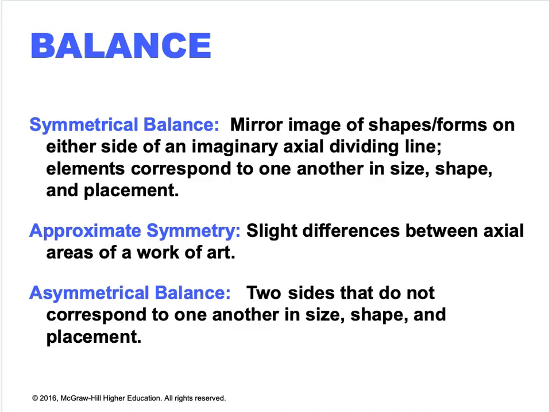The elements correspond to one another in size, shape, and placement. And when it says elements, picture the butterfly or the heart again: the 2 pieces on either side correspond exactly in size, shape, and placement if it's true symmetrical balance.